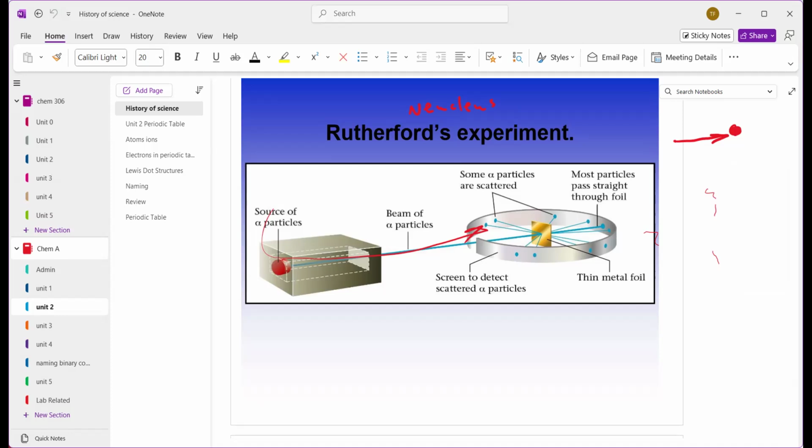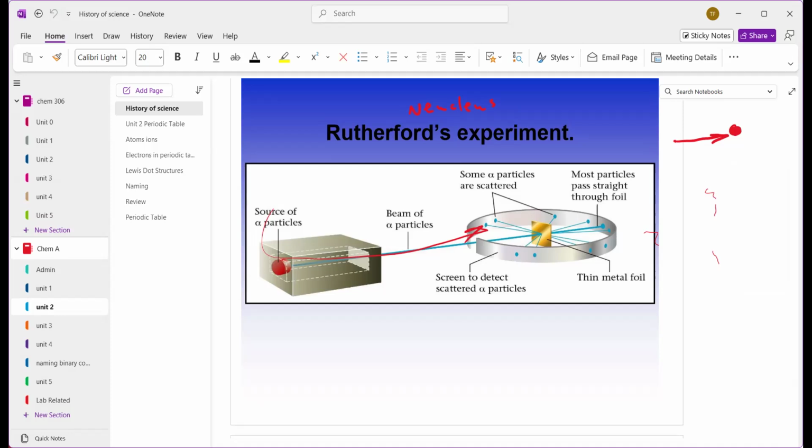And he got a Nobel Prize for his nuclear chemistry work, not for his discovery of the nucleus, but very important guy. So Rutherford determined that everything is empty in that atom except for one thing. It's called the nucleus. And all the mass, 99.9999%, not 100%, is in that little bitty nucleus.